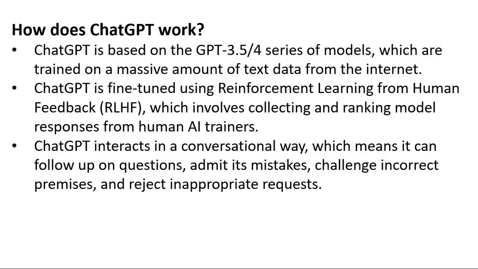ChatGPT 4 has trillions of data points. And ChatGPT is fine-tuned using a reinforcement learning algorithm, where we can give feedback on what it is not able to learn, and it will work on it.